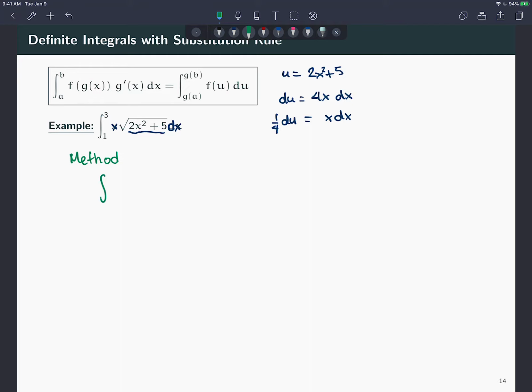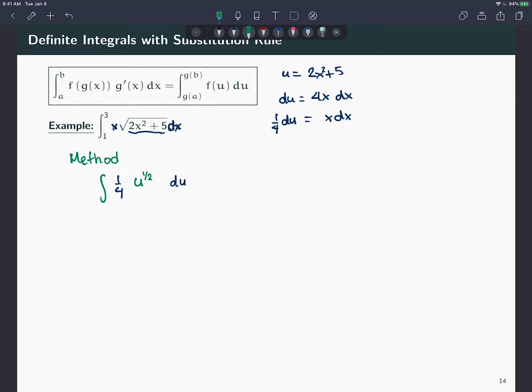The x dx, of course, is 1/4 of du, and here I have u to the 1/2, correct? But then I need to change my limits of integration because now my variable is u.